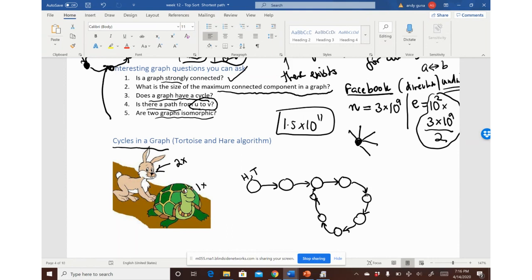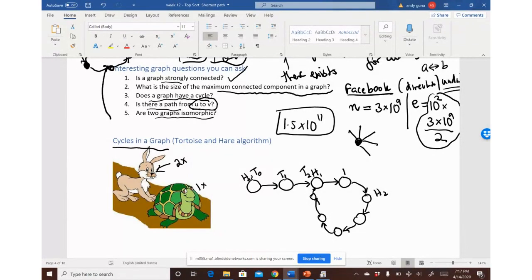In the next jump, the hare would be here and the tortoise would be here in time 1. Let me write H1, T1 to indicate time 1. The tortoise will be here in time 2, and the hare will be here in time 2.